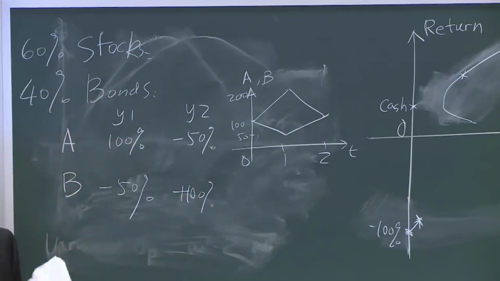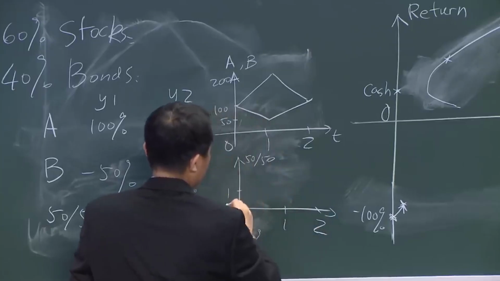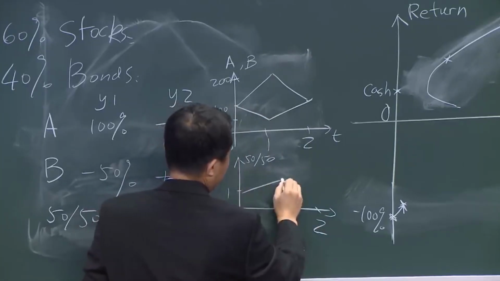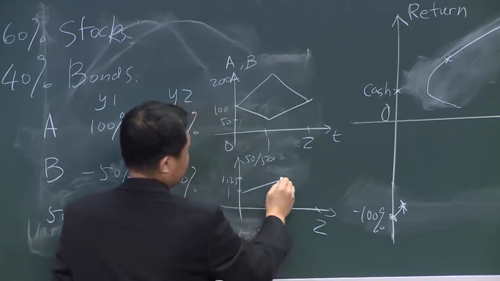But what if you had a 50-50 weight of the two assets? Someone quick on math can tell me what it changes. So you start with 100. You're up to 1.25 at this point.